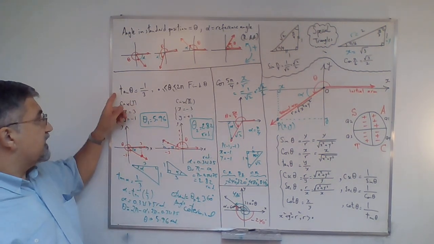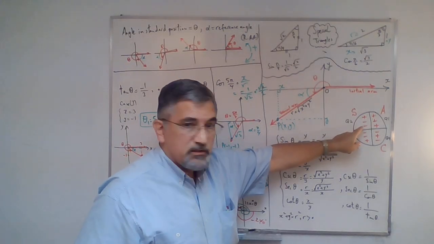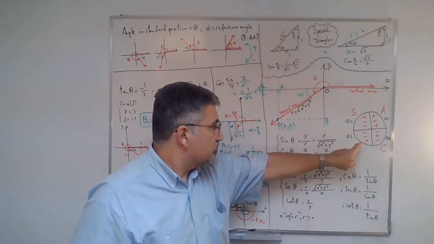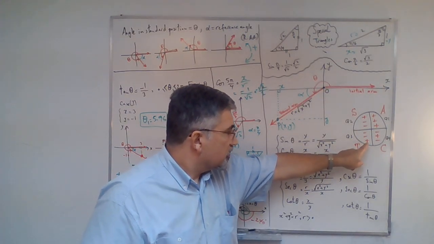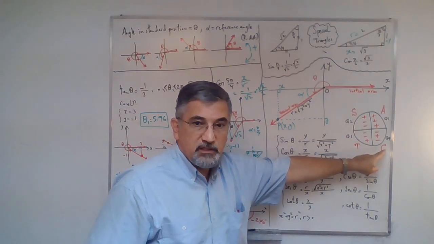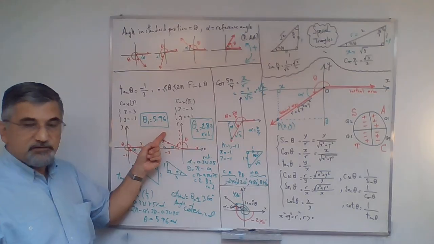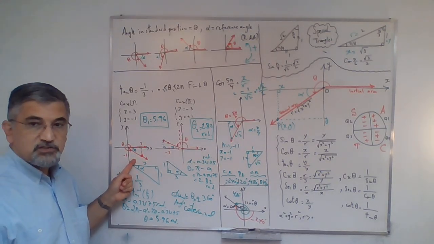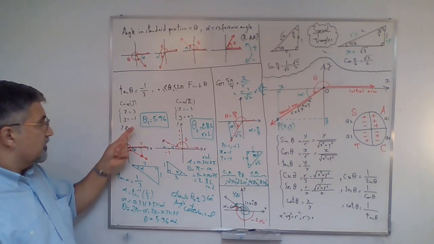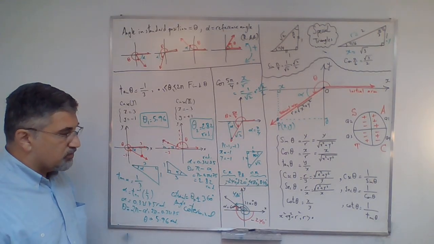So when the tangent of an angle is a negative number, it's either in the second quadrant where tangent is negative, or in the fourth quadrant where tangent is negative. You see, minus here, minus there. This is in accordance with what we said. So there are two possibilities: one is 5.96 radian, the other is 2.82 radian.